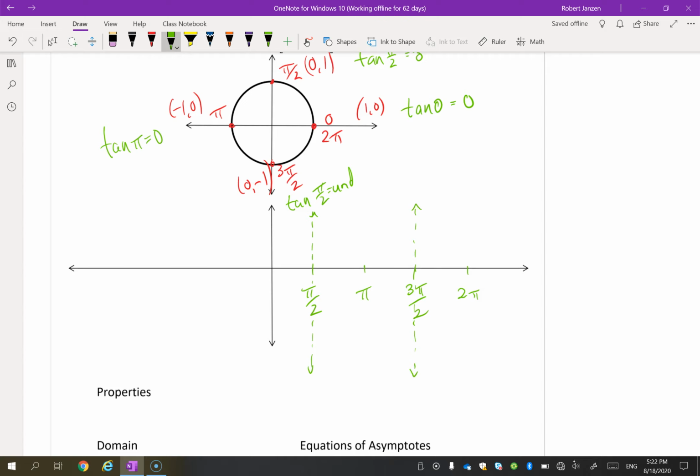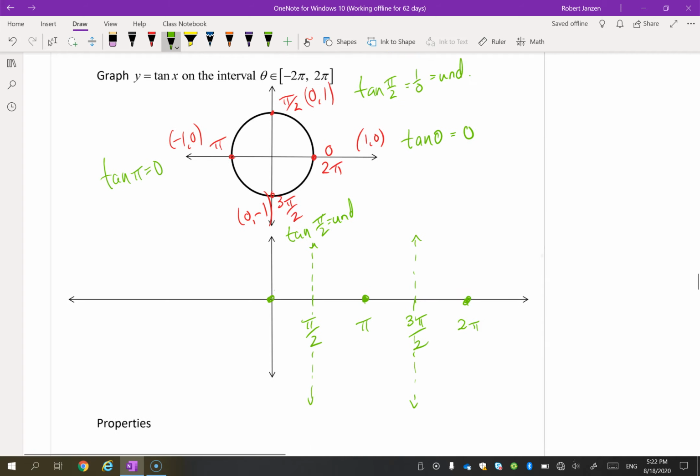Okay, and then if we go to 0, tan is 0, at pi tan is 0, and at 2 pi tan is 0. Well, I don't know, that doesn't look like a lot to graph. I mean, what are we supposed to do? Draw something like this? Well, you should know that you can't go past the vertical asymptote, so that has to be asymptotic behavior there.